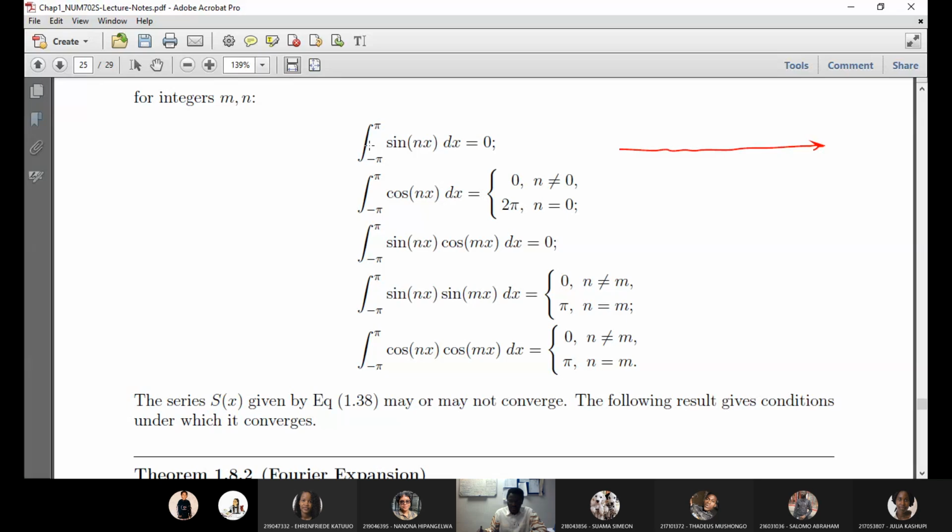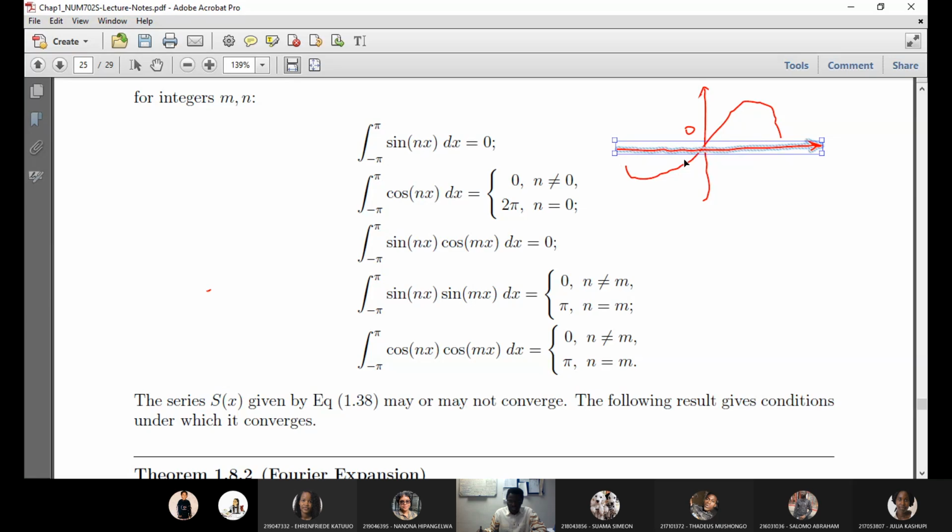Now, if you take this, we know that the sine function is an odd function. So the sine function will be something like this. So we have 0 here.